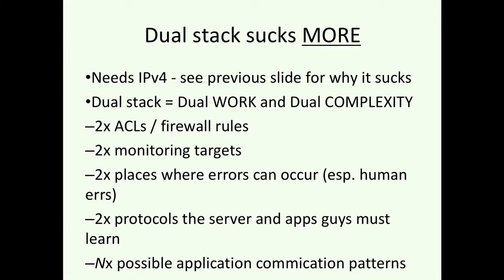And it might go across, so you can have a web server that speaks to the file server over v6, but the file server speaks to its iSCSI backend over v4 again, and you have all these different permutations, and the complexity of it all becomes very, very large.